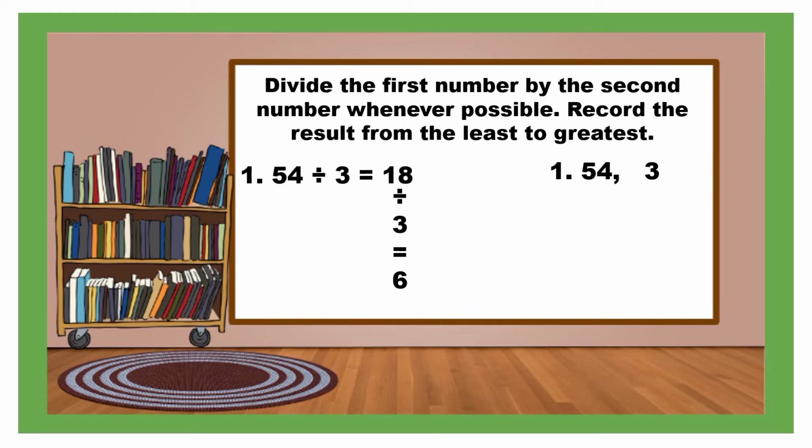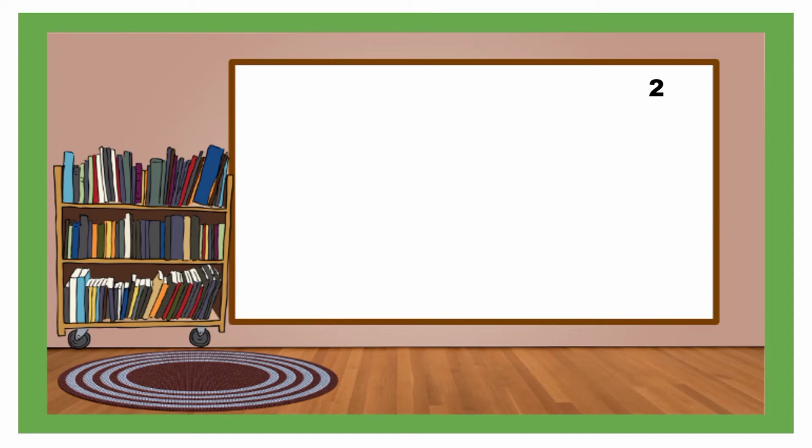Fifty-four divided by 3 equals 18, divided by 3 equals 6, divided by 3 equals 2. Arranging the ratios from the least to the greatest, we have 2, 6, and 18.